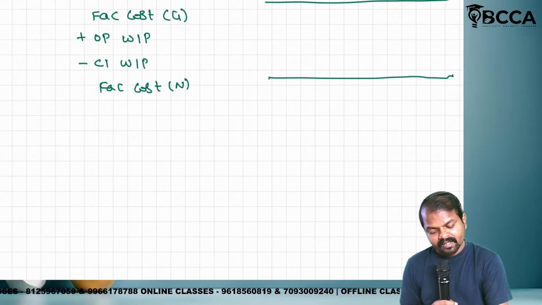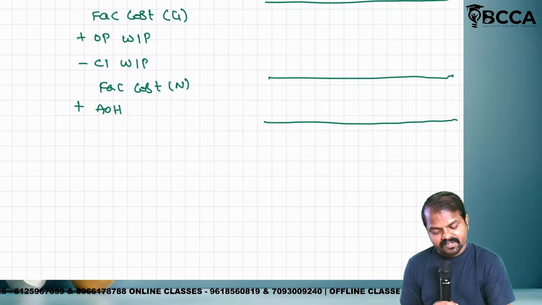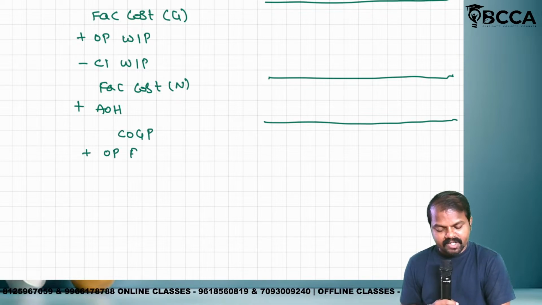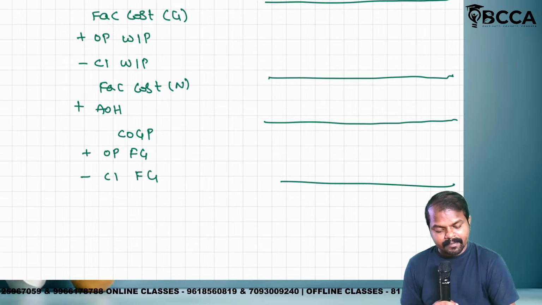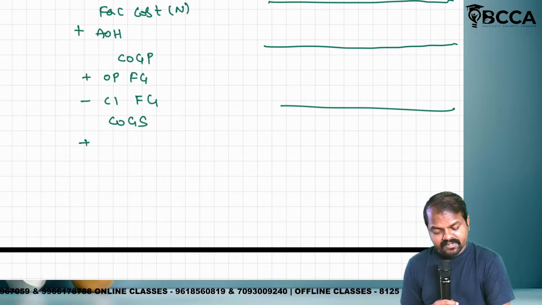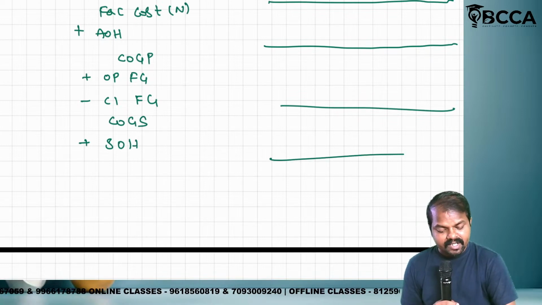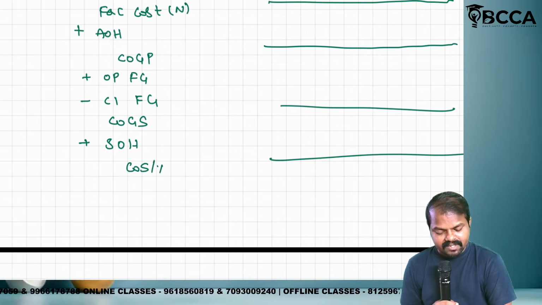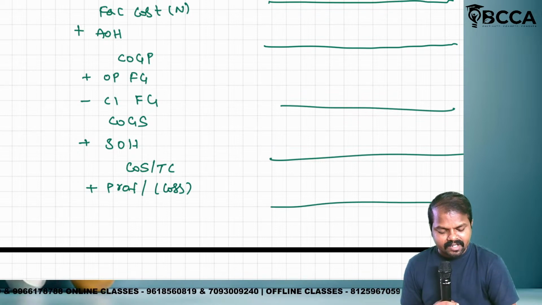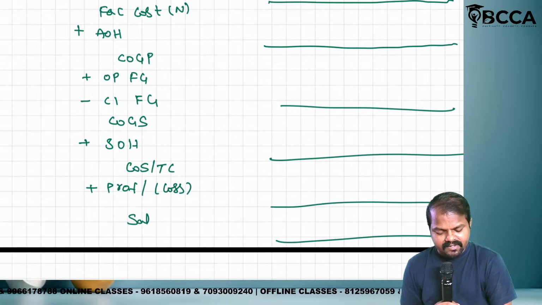Plus administration overhead. The result is cost of goods produced, plus opening stock of finished goods minus closing stock of finished goods. The result is cost of goods sold, plus selling overhead. The result is cost of sales, or total cost, plus profit. If you get negative, it indicates loss. The result is sales.